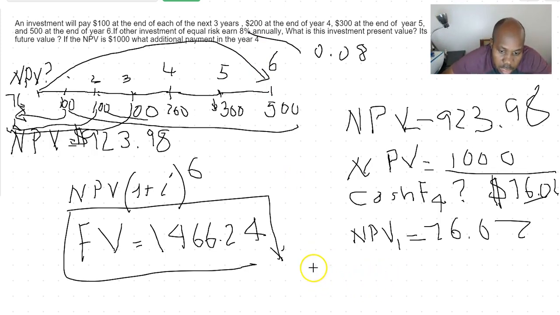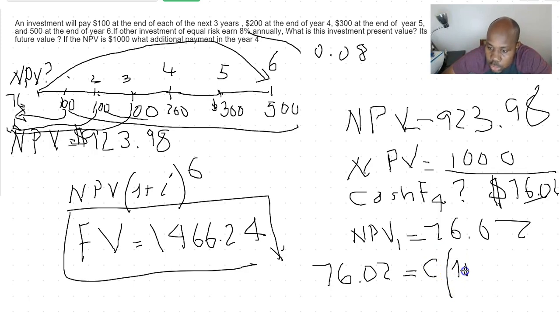This is a net present value that is going to be additional to this one, and I don't know the cash flow. Let me put C, the cash flow, times 1 plus the interest, 0.08, to the power of minus 4. I can do it manually, and if I compute everything and divide, I'm going to find it.